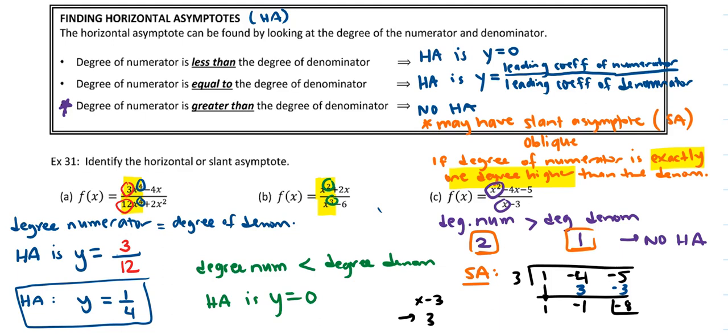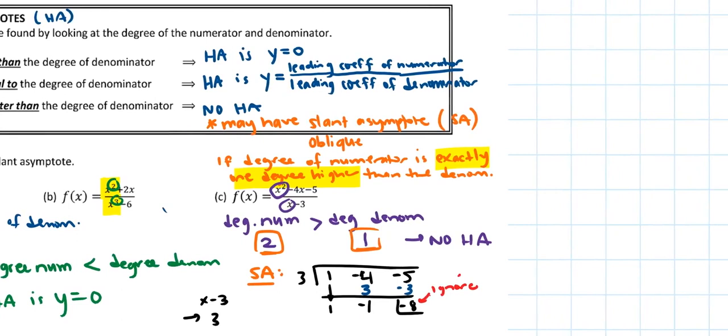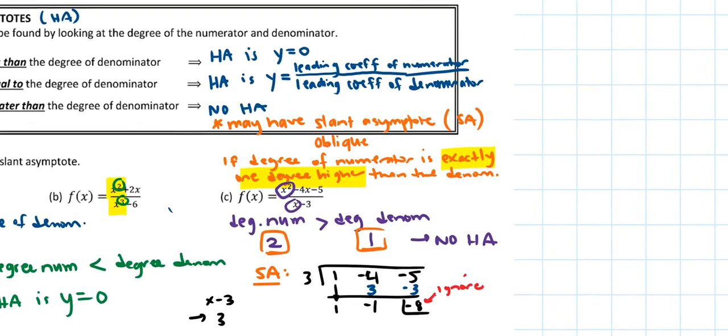Now, as far as slant asymptotes are concerned, perhaps when we get to calculus, we'll talk about the real reason why we're able to ignore the remainder. But for purposes of our particular slant asymptote, it is a slanted line. And all of the slanted lines come in the form, we love this slope-intercept form, y equals mx plus b.